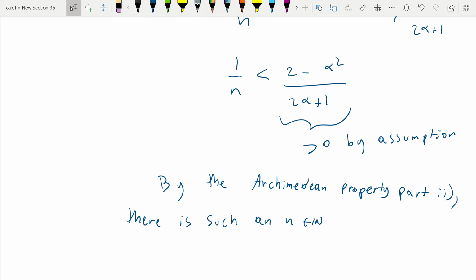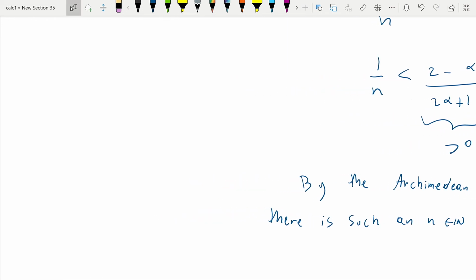Now that we know that there's an n large enough such that 1/n is smaller than this number here, we need to check that for that choice of n, (alpha + 1/n) squared will be smaller than 2. So let's check that.